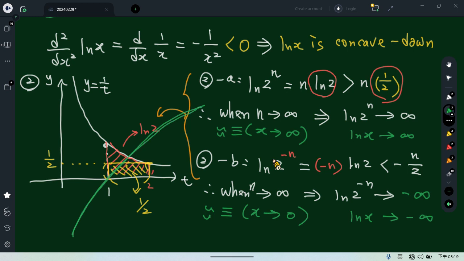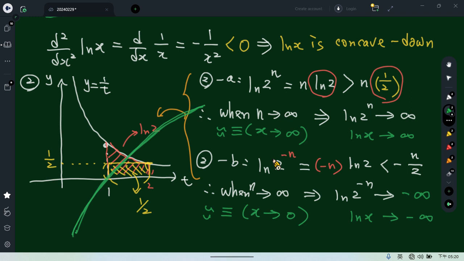Here, you can see this figure of ln x. The green curve is ln x. It is an increasing function, concave down, right? And as x approaches 0, it will approach negative infinity.